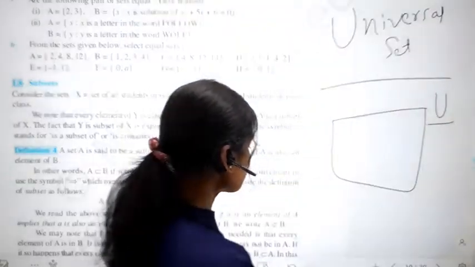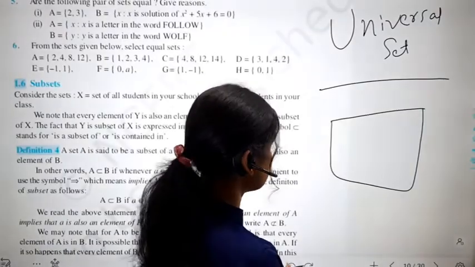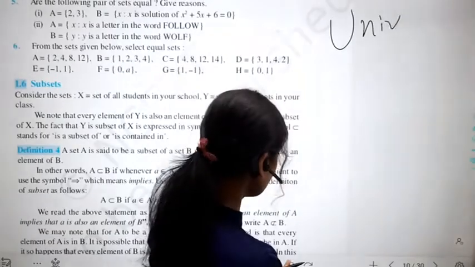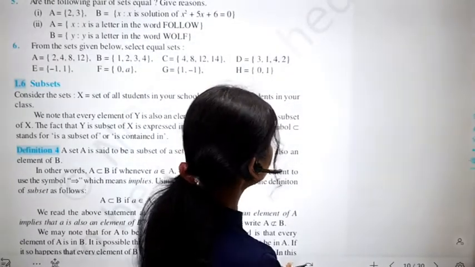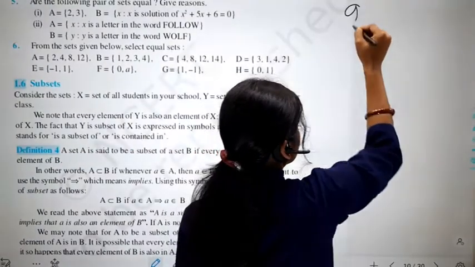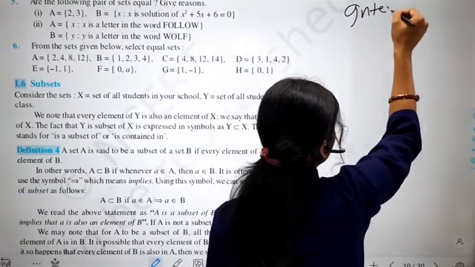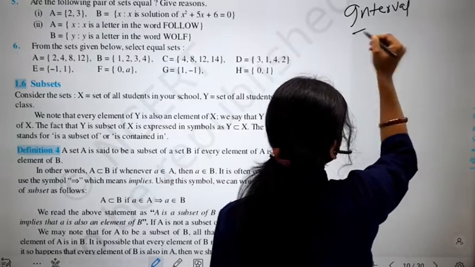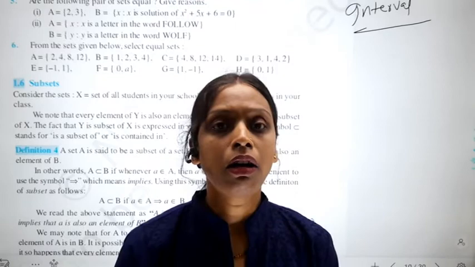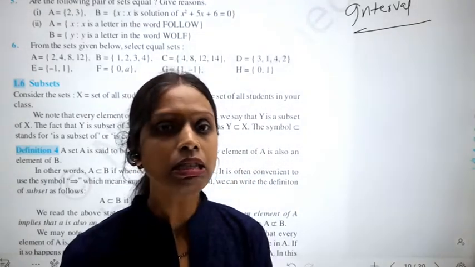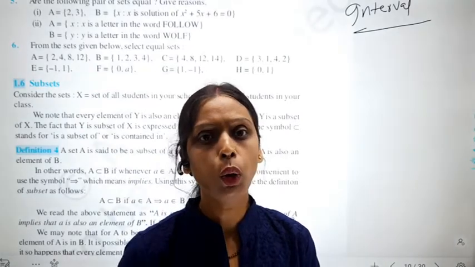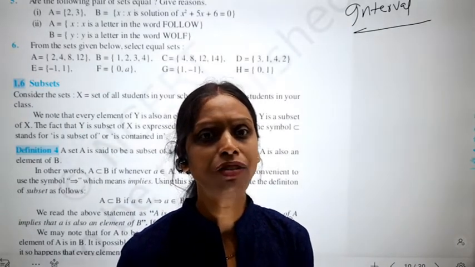Now, my next topic given in this chapter is an interval. Actually, what is the interval? Interval means, in Hindi, antaral, like as you are going from 2 to 5.